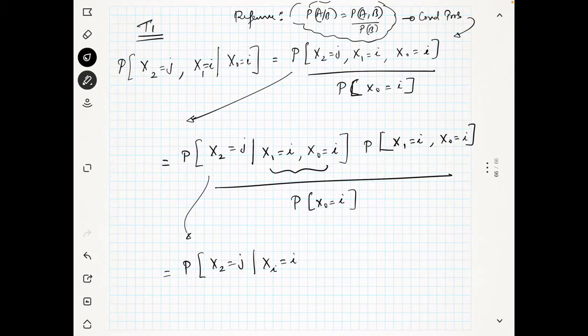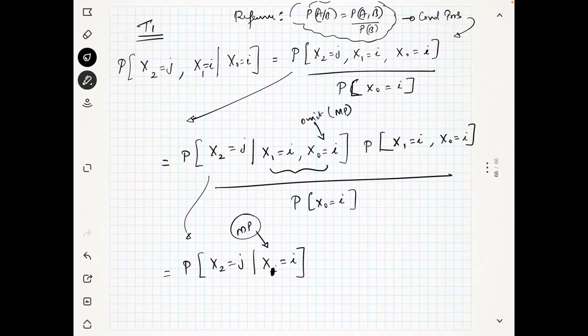It is because we are talking about the Markov process. Since we are talking about the Markov process, the current state depends only on the immediate previous one. That's why x2 is equal to j given x1 is equal to i, because we omit x0. We omit it because it is a Markov process.